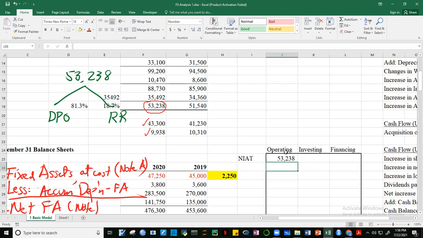Net income after tax niya, 53,238. Pero ang question ko, guys, ganito. Ito ba, yung 53,238 na yan, is it equal to cash? Yes or no? Is 53,238 equal to cash? Equivalent to cash ba yan?